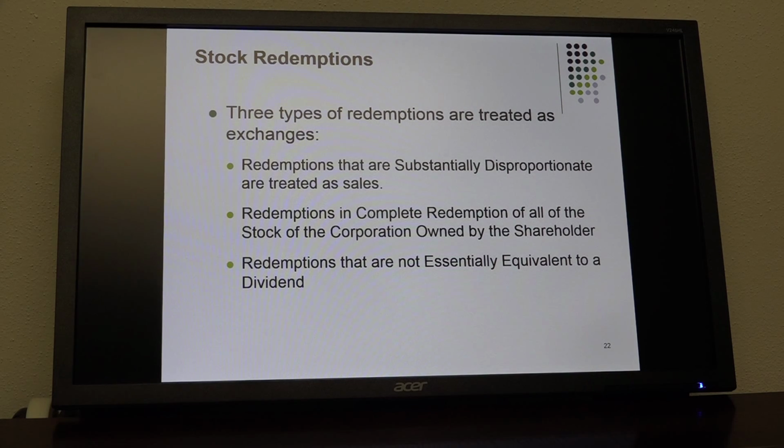So that's called the 50% rule. And you know, they have to meet all three of these tests. The shareholder's percentage of ownership of voting stock after the redemption is less than 80% of his or her percentage ownership before the redemption.